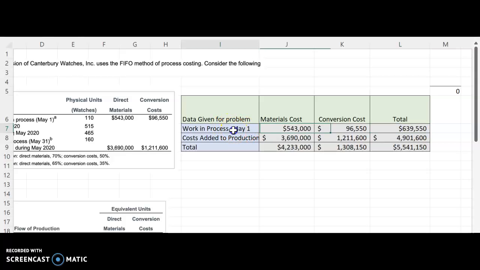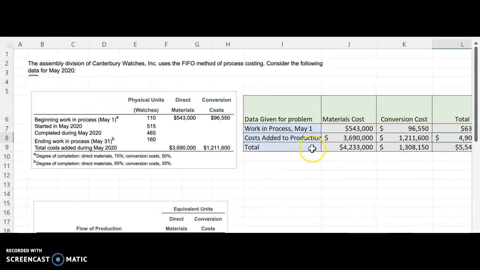So your work in process total would be your materials plus your conversions. That was what was in work in process at the beginning. And then these are the costs of materials and conversion that were added during the period. So just total those up. That's the first step. Then the next step is to find your equivalent units.